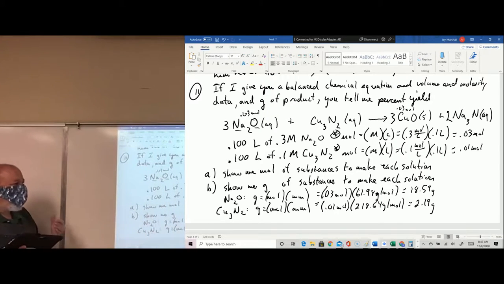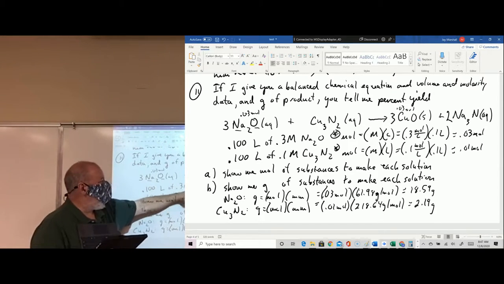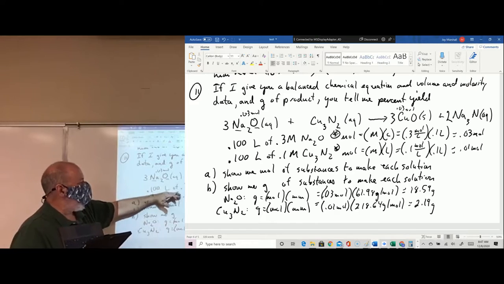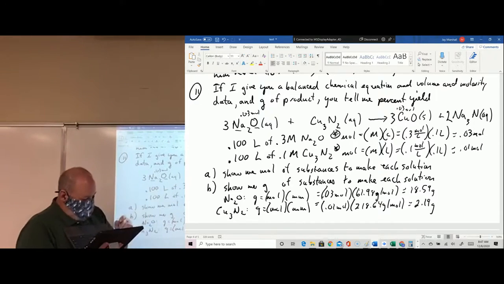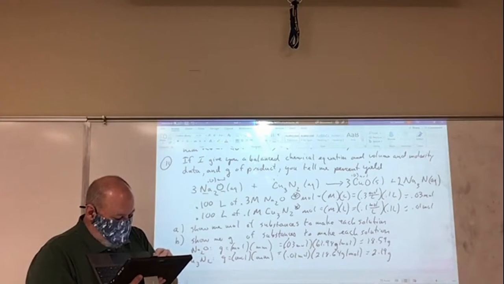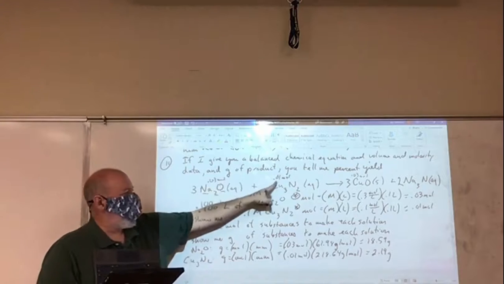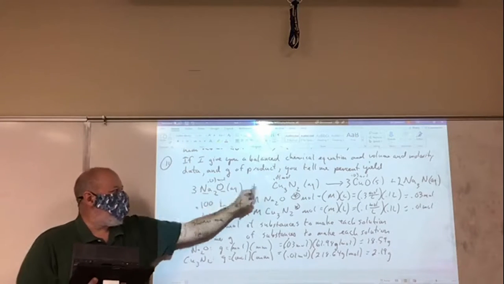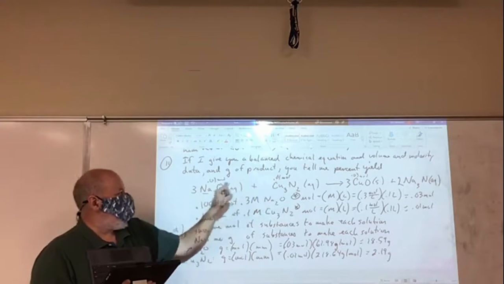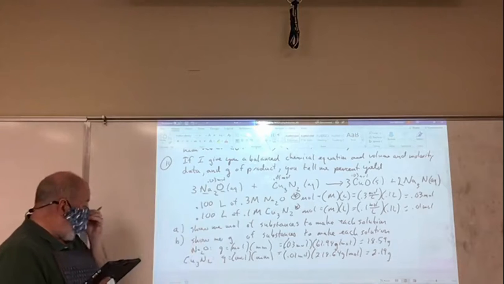Now I want you to understand how consistent this is with the balanced chemical equation. I need 3 things of this and 1 thing of this. Well, that's the same thing as having 0.03 moles of this and 0.01 moles of that, right? It's just a ratio, 3 to 1. If I have 0.03 moles of this, I need 0.01 moles of that.